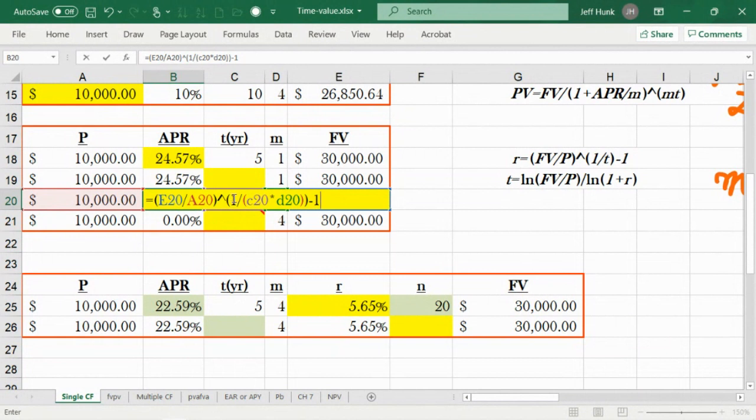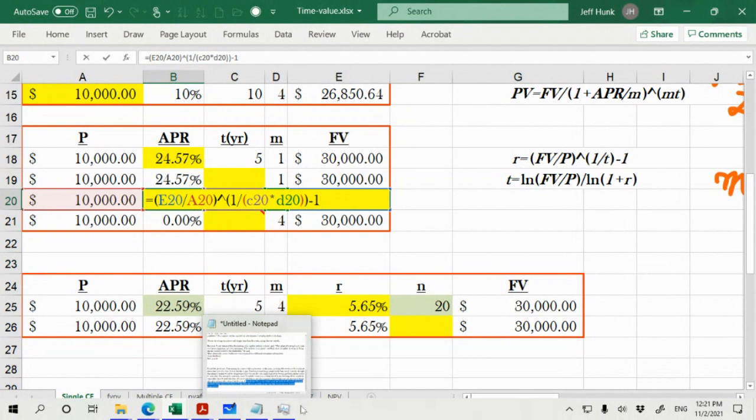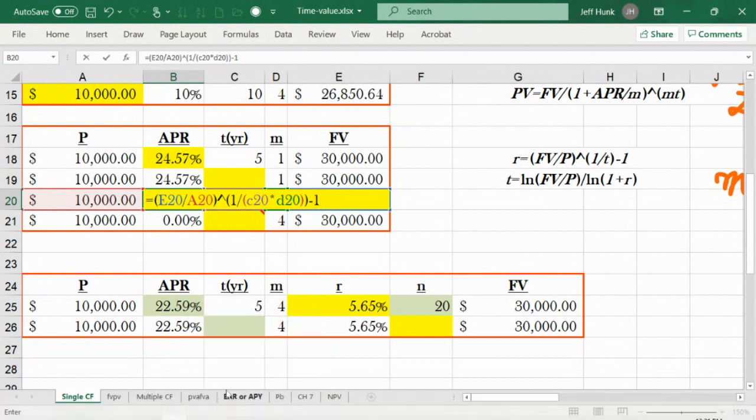If you don't do that, Excel will only, because it is linear, right? To a human, if I write it on paper, human eyes can tell C20 times D20 is one chunk. But if written this way, it's linear, and Excel won't be able to tell that without the parenthesis.